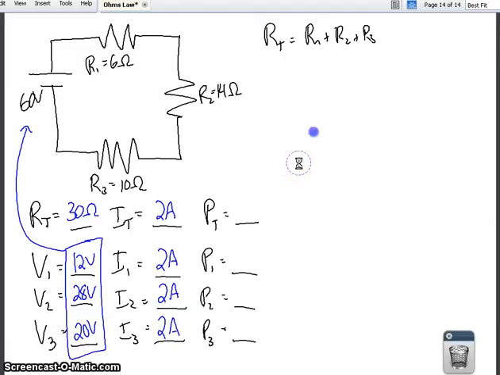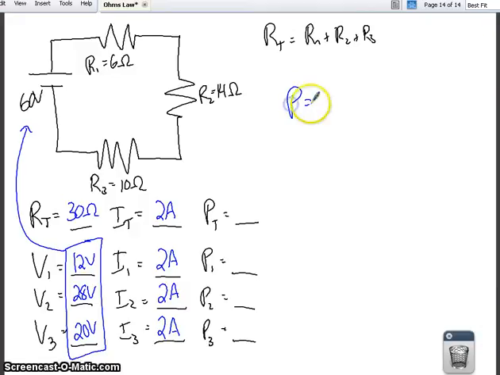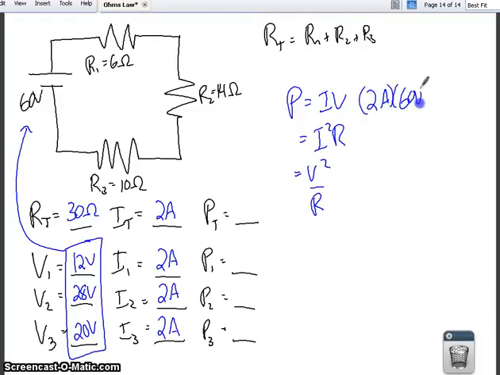Okay, let's do power. Let's do the total power now. Actually, you know what? I'm going to do all three equations just to prove it to you, okay? P equals I times V, P equals I squared R, and P equals V squared over R. The total current is 2 amps. The total voltage is 60 volts, okay?